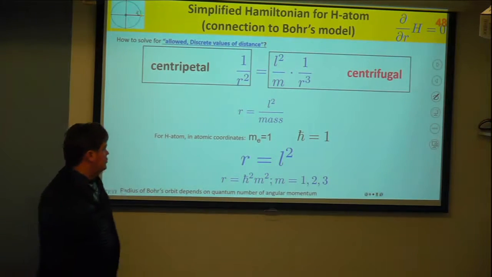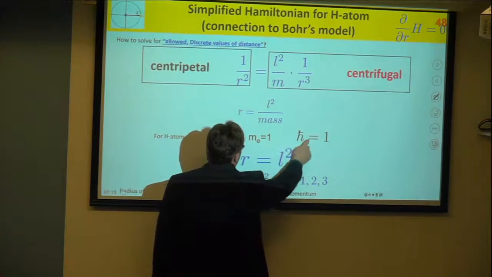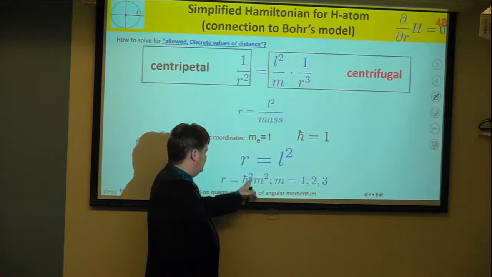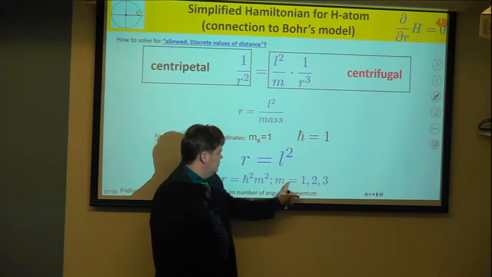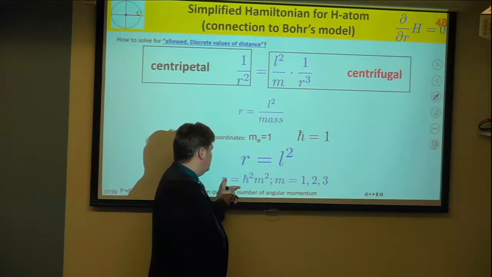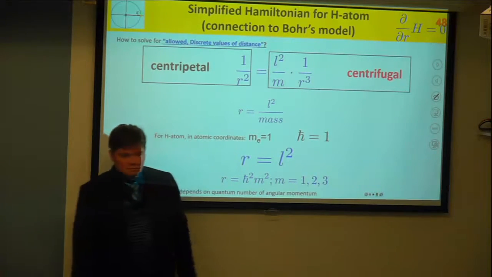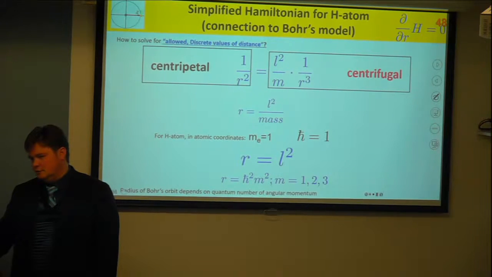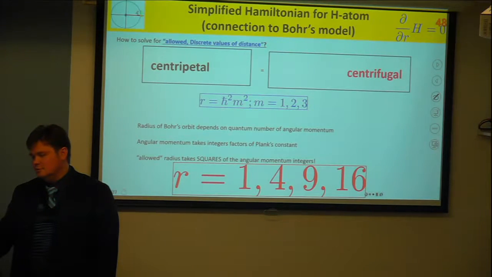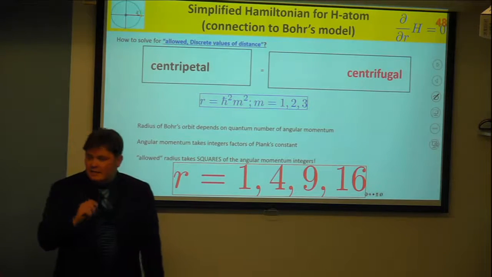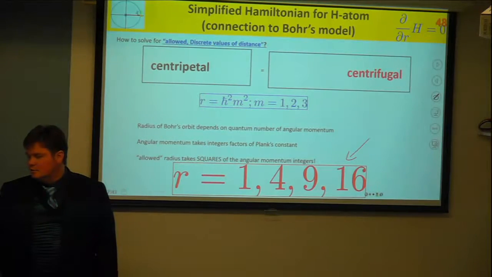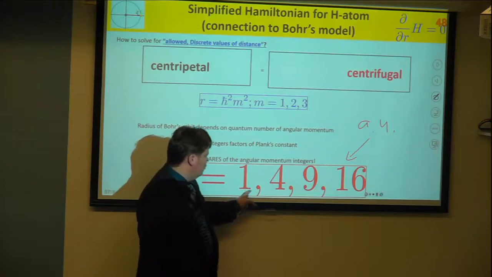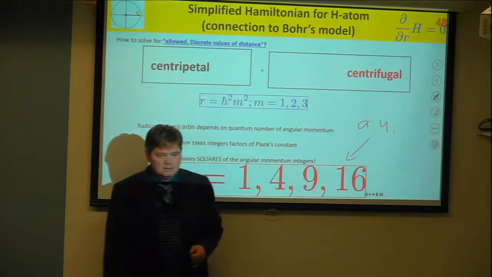And if we are using atomic units, distance is just angular momentum if you put Planck constant to 1. So r equals quantum number squared. Centripetal equals centrifugal. So in atomic units, allowed distances will be 1, 4, 9, 16.